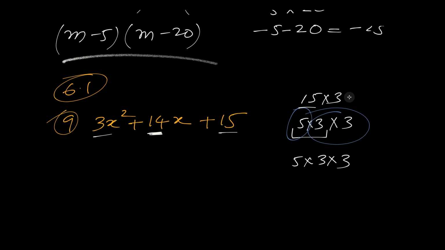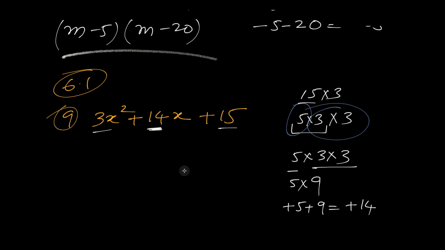Again, it is going to be 15 into 3 only, but what we can see is, if we take 5 into 3 into 3 is 9, there is a possibility we can get 14. So if we add 5 with 9, we are going to get 14, which is what we are looking for. And this is going to be plus 5 plus 9, which is plus 14x.